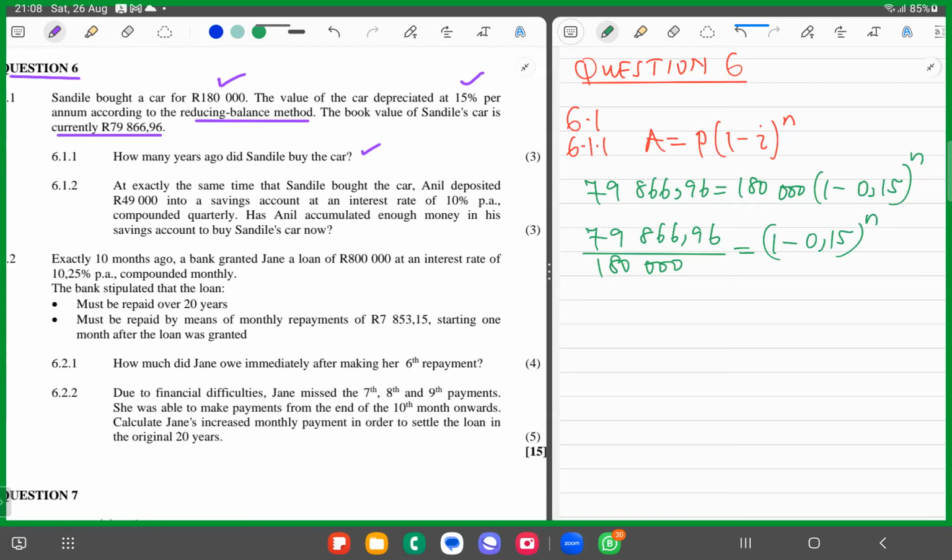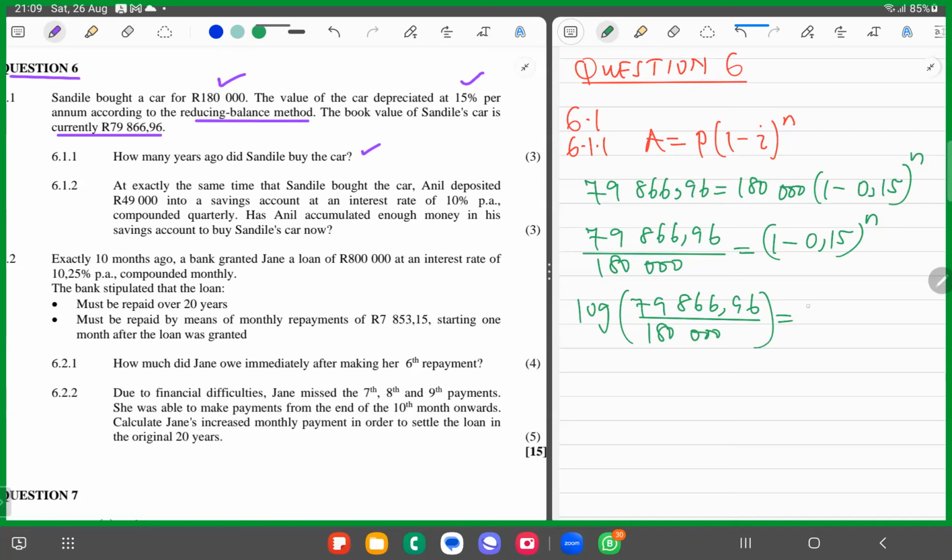So there are a couple of ways to write that one. We can do it as follows. Introduce the log, you take the log on the left: 79,866.96 over 180,000.